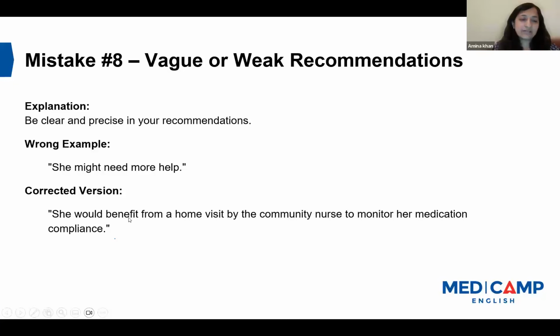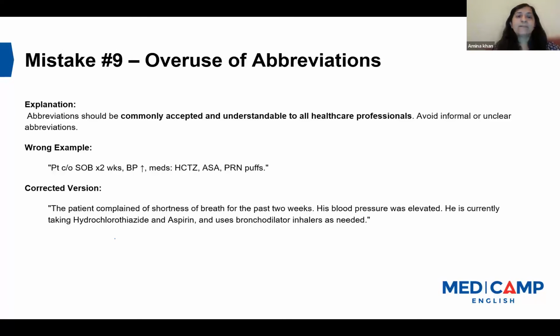But the better way of writing is: she would benefit from a home visit by the community nurse to monitor her medication compliance. So this is how you need to add information to make whatever you are writing more explanatory and more clear for the recipient to understand.